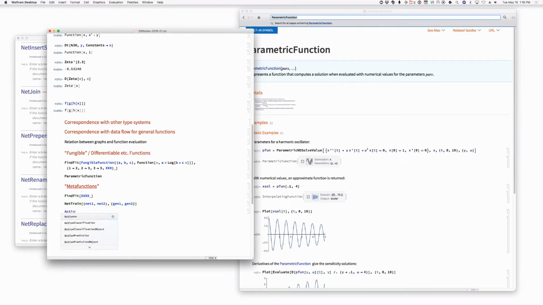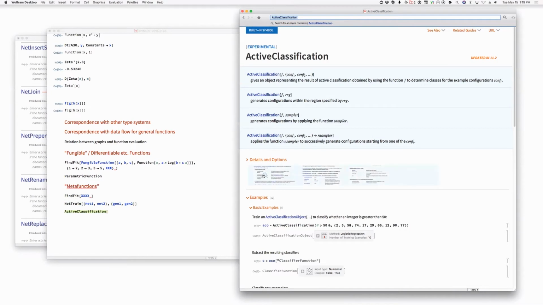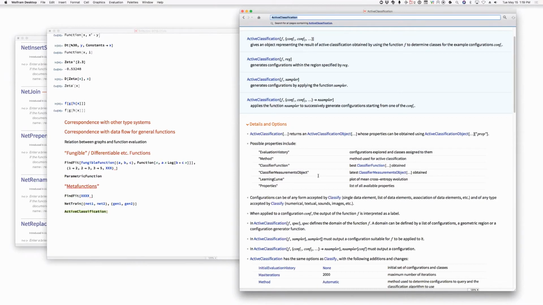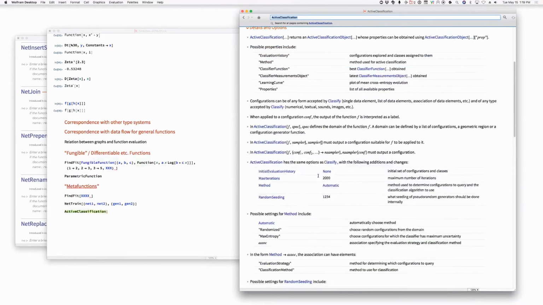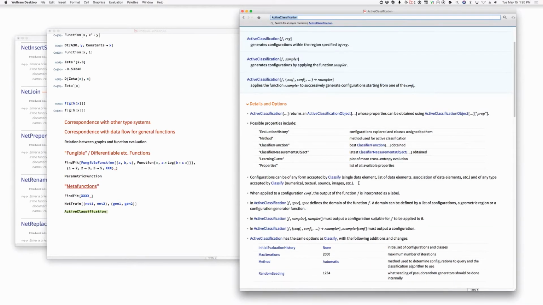Okay, but if we look at active classification, for example, its function is being given certain things, right? What is it being given? The first argument is the oracle function, and the second is the space of inputs of this function.